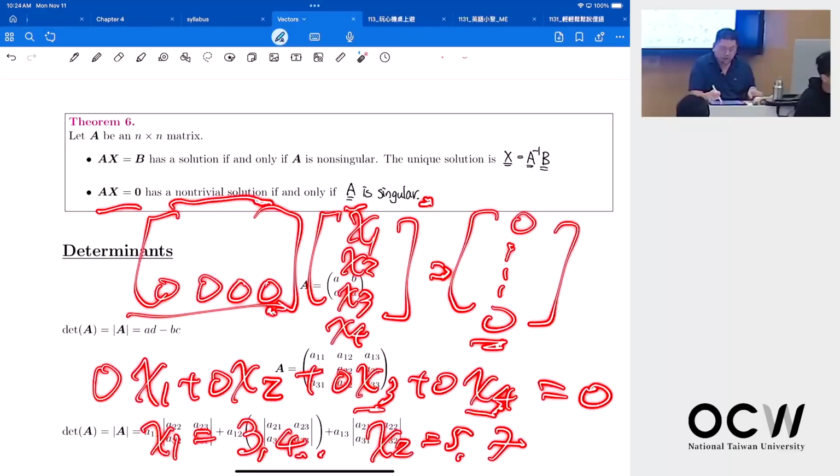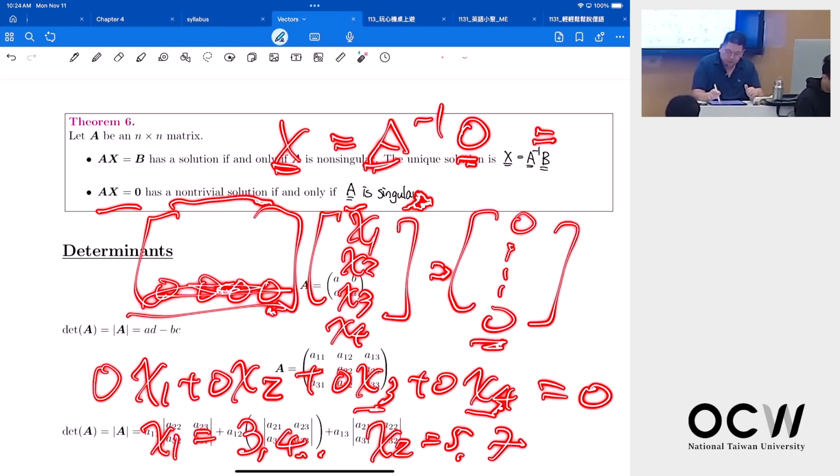To have a non-trivial solution for Ax equals 0, A should be singular. If it is non-singular, that means I have an inverse. If I have an inverse, x equals A inverse times 0, which is 0, so x should be 0.